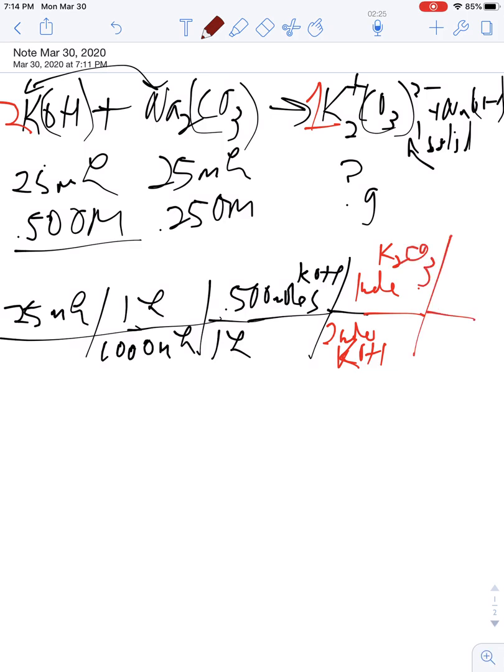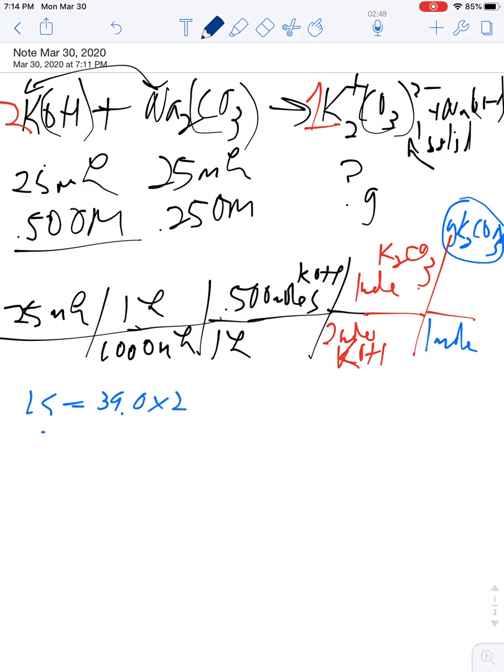And the last step is to convert back to grams. Kind of running out of space here, but this is grams of potassium carbonate. So I have to add up the weight of this potassium carbonate. Okay? So potassium weighs 39.